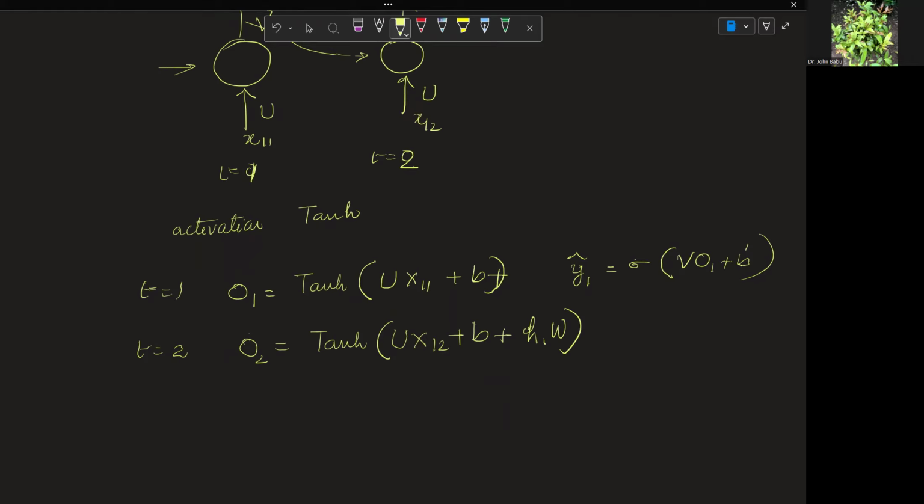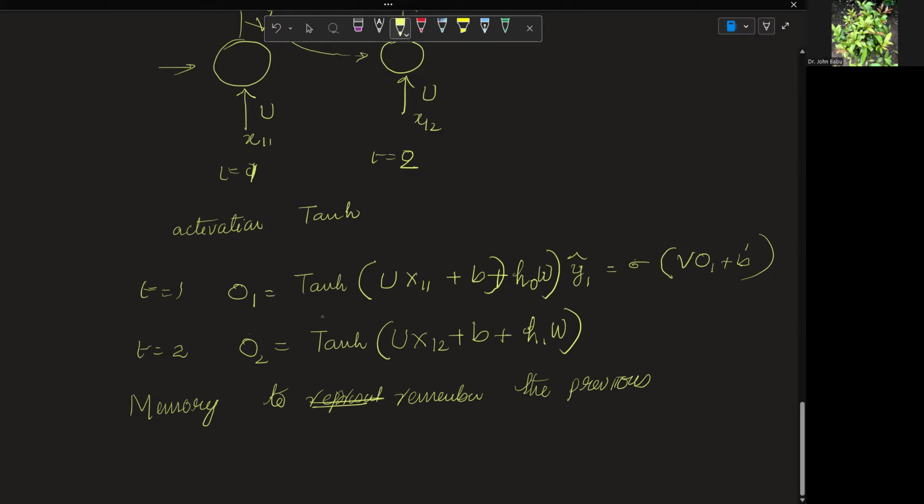Here also, to maintain consistency, we write H0, some random, into W. So this is RNN. We say that RNN uses some memory to remember the previous outputs, which is not there in other CNNs.